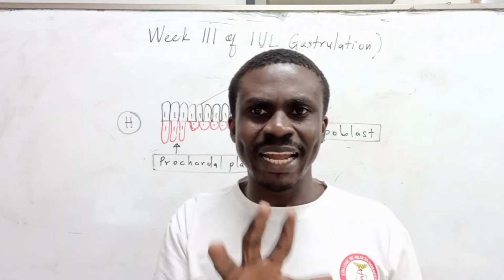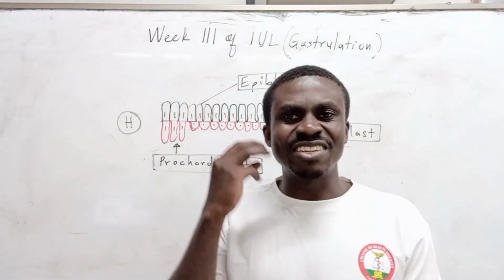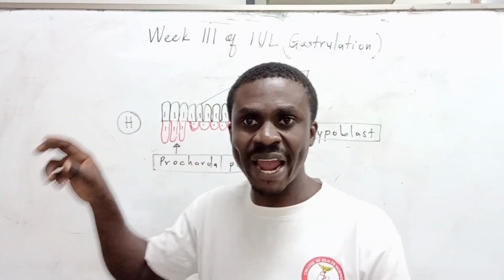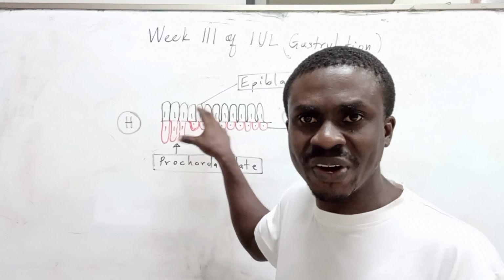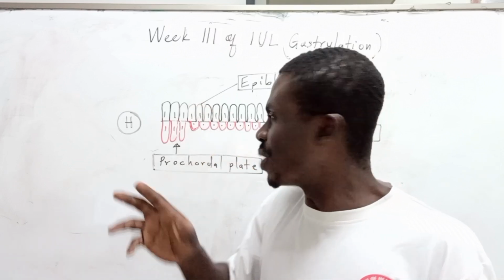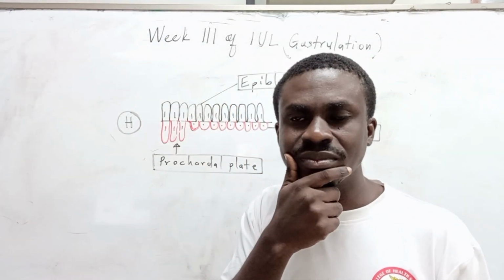At this point, let me tell you something. The trilaminar embryonic disc, which will be derived from the bilaminar embryonic disc, will in essence be coming from some cells of the epiblast.